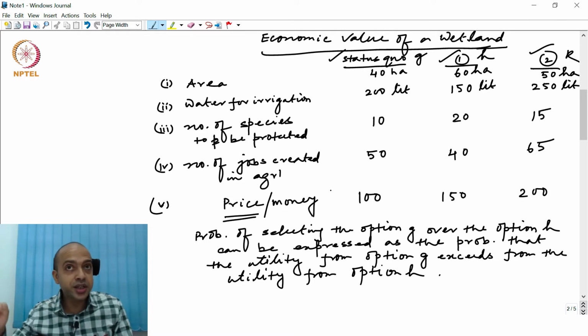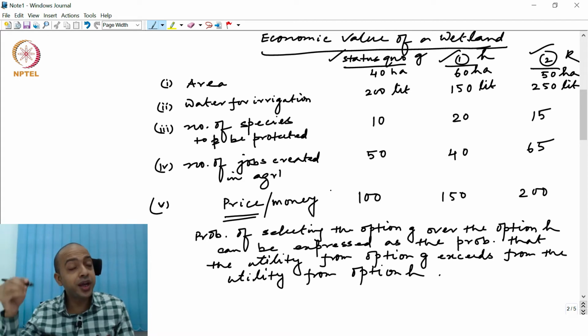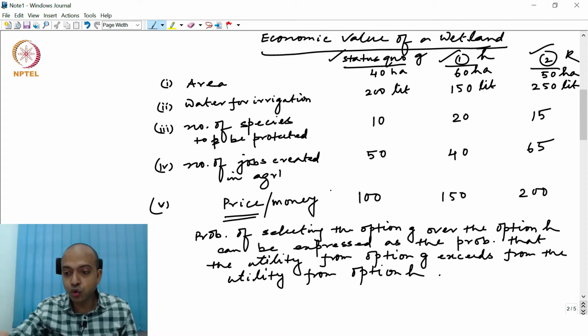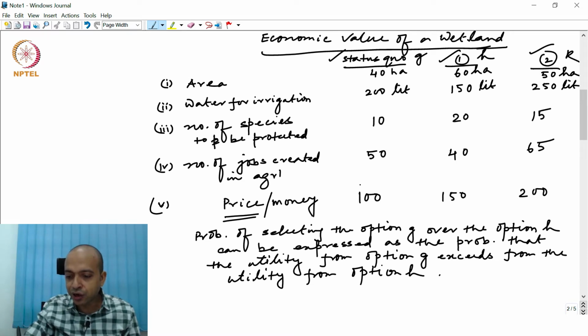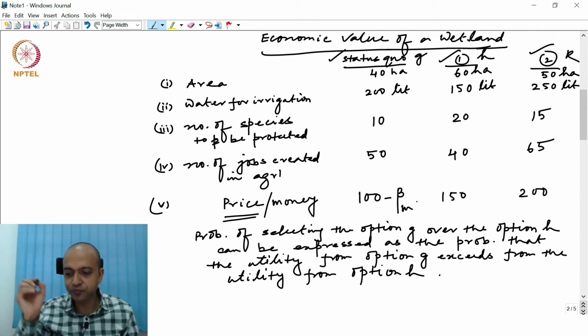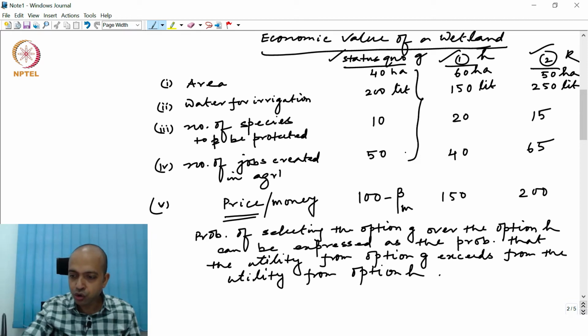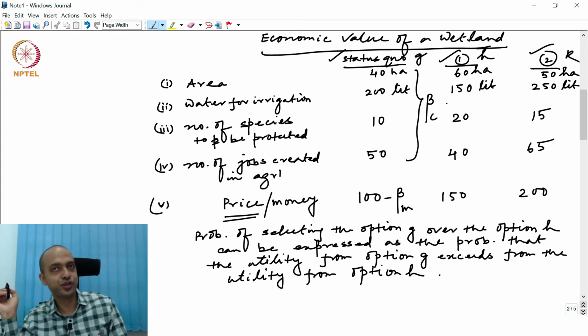Using this conditional or multinomial Logit model, we will be able to estimate coefficients of each of these attributes, and this money is denoted as beta m. All these, area, water for irrigation, number of species, are beta c, coefficients of the attributes.